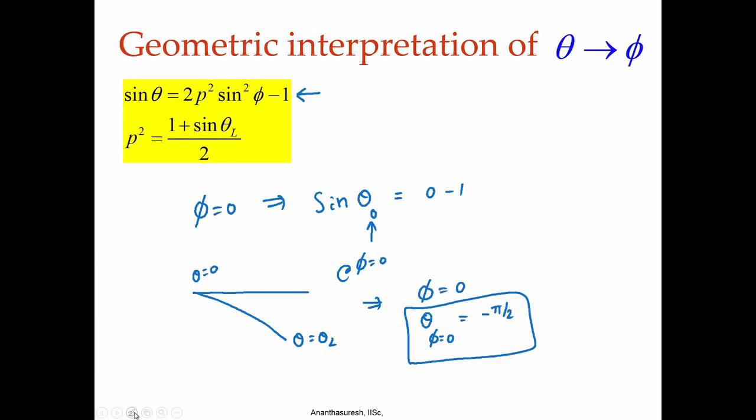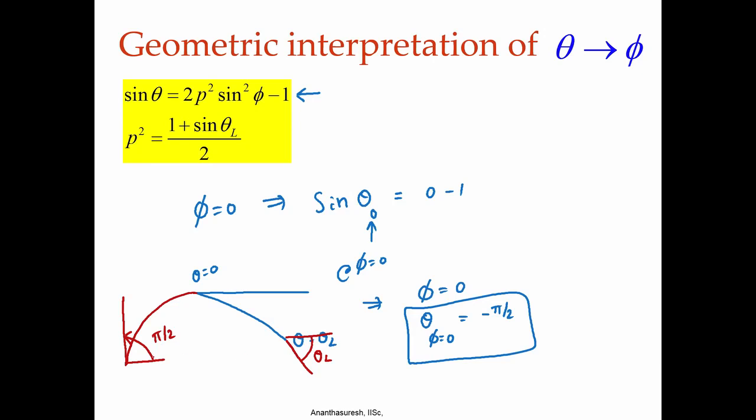Here, with a different color, this theta L that we are talking about, we are measuring with respect to horizontal. So, it should become minus pi by 2. So, if I were to extend this curve until it becomes something like this, where this is pi by 2, since we are measuring from the horizontal line.